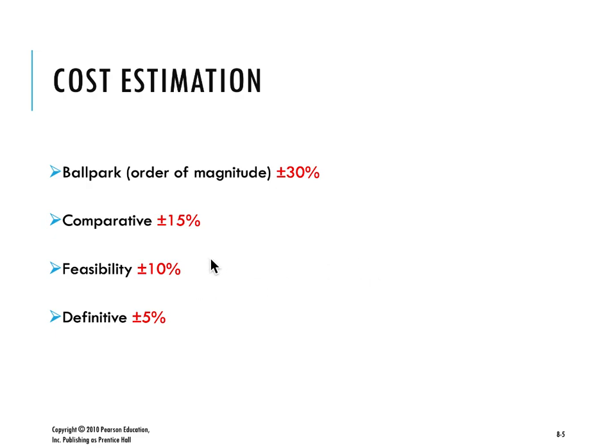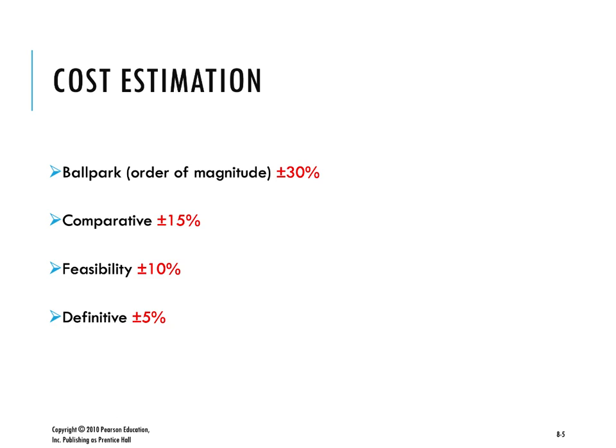This is usually after much experience, then you have visibility, plus or minus 10%. Definite is when you are confirmed that that's the cost going to be. So basically it's a learning curve for most of us, even though you are an experienced project manager.